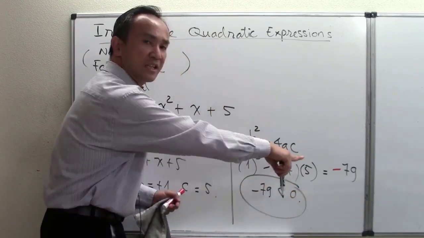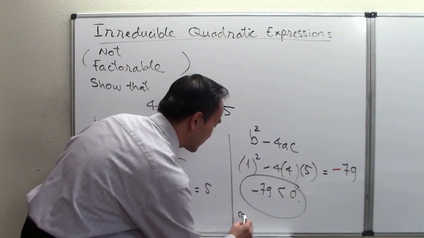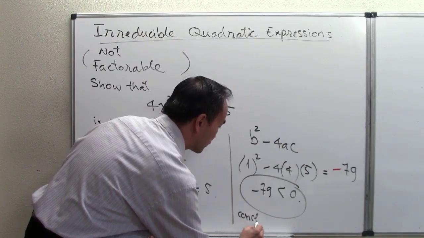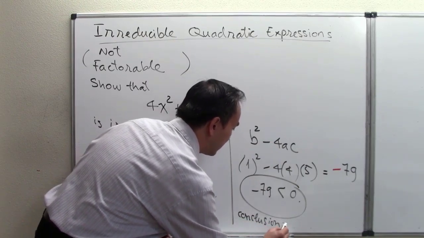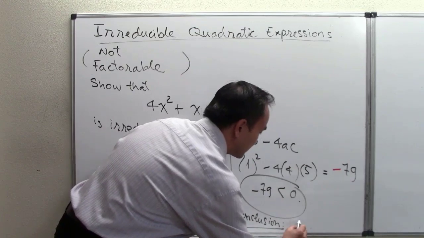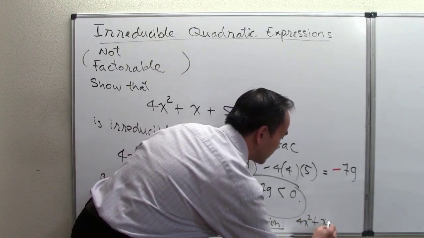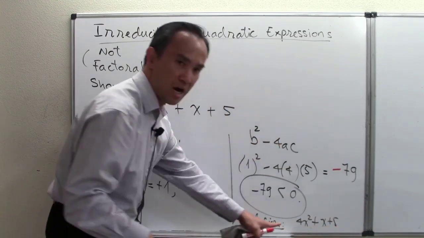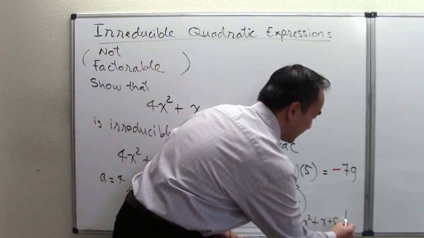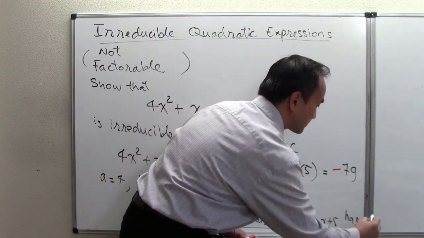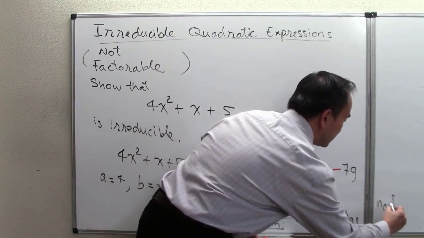That leads to the conclusion. The conclusion here says, for x squared plus x plus 5, this quadratic expression has no factor form.